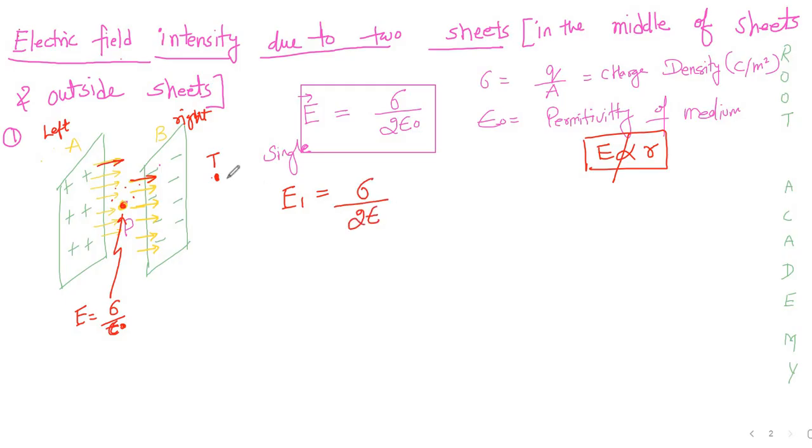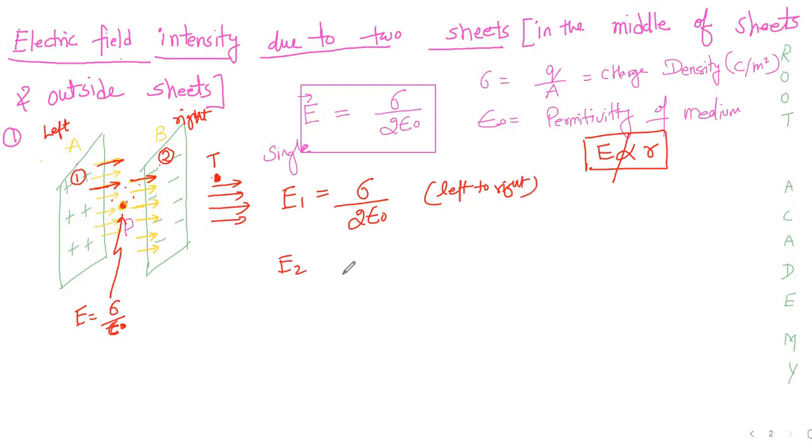So it will still be sigma by 2 epsilon naught at this point due to the first sheet. This is the first sheet and this is the second sheet. And what will be the direction due to this plus charge? It will be going from left to right.